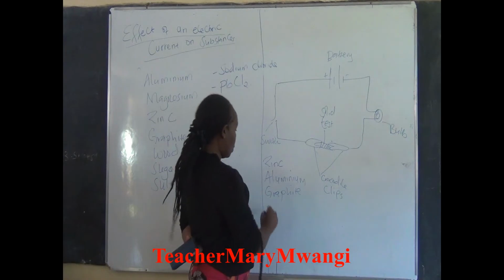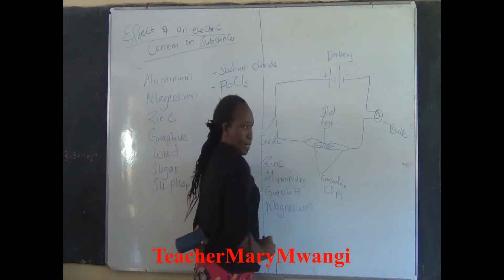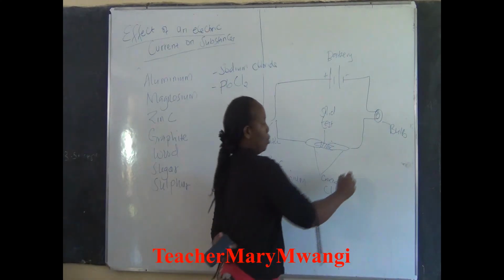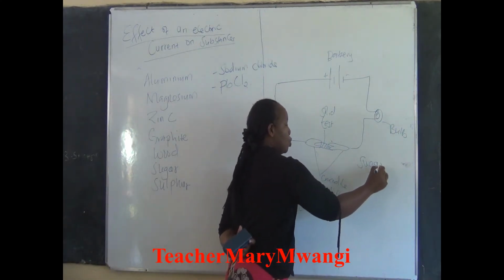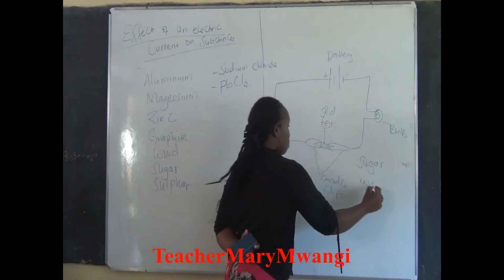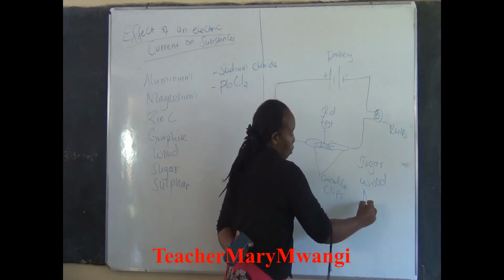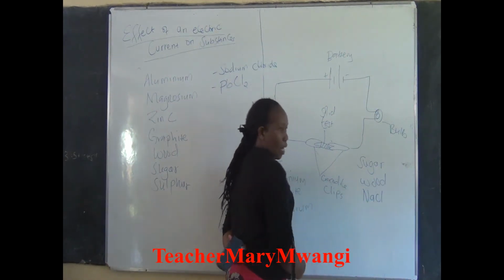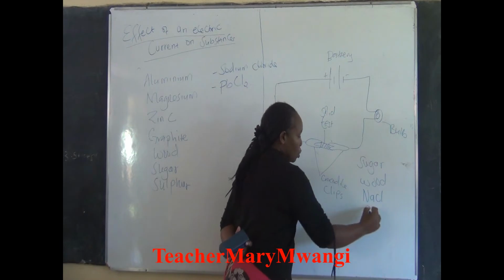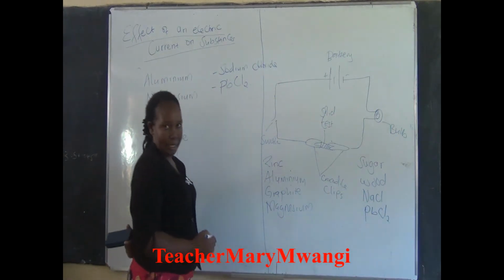And when we also put magnesium, the bulb will light. On the other hand, when we put sugar, the bulb would not light. When we put wood, the bulb will not light. When we put sodium chloride, the bulb will not light. And also when we put lead chloride, the bulb would also not light.